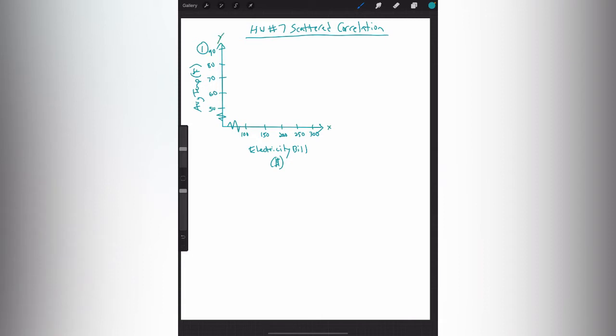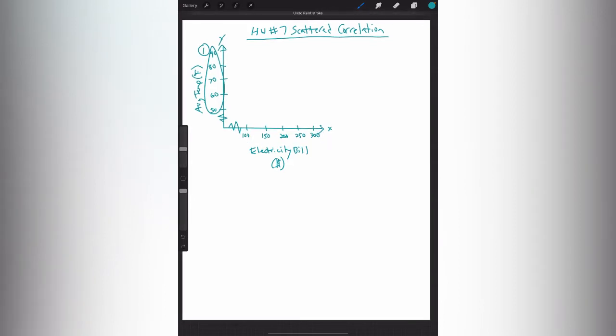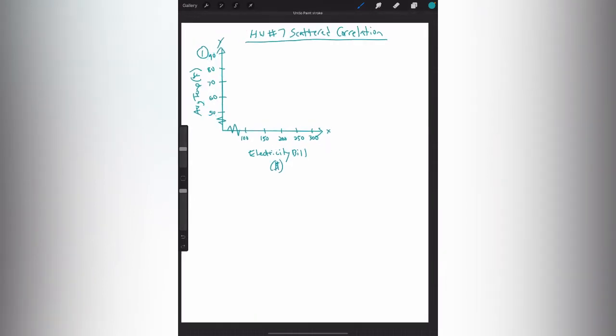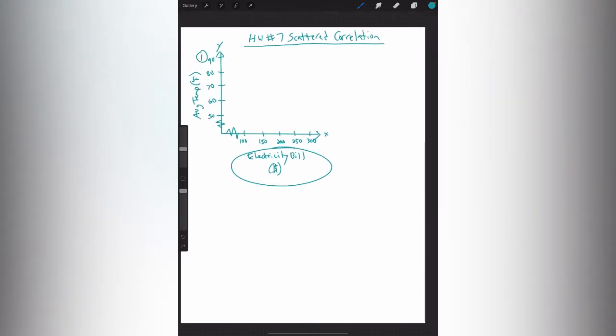I have all my numbers along the sides labeled as well. And then also I want to label what we're actually dealing with. This gives us some information about the data, the naming, the x values as well as the y values. Okay, so we're going to see what the correlation looks like.